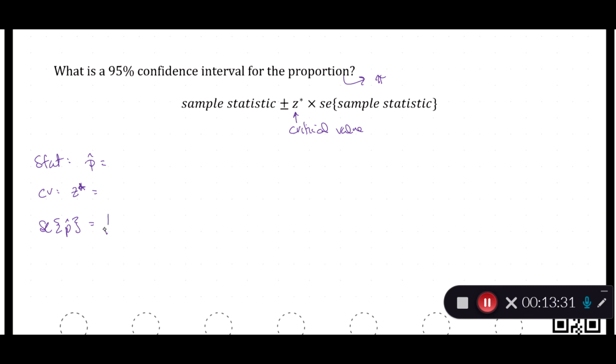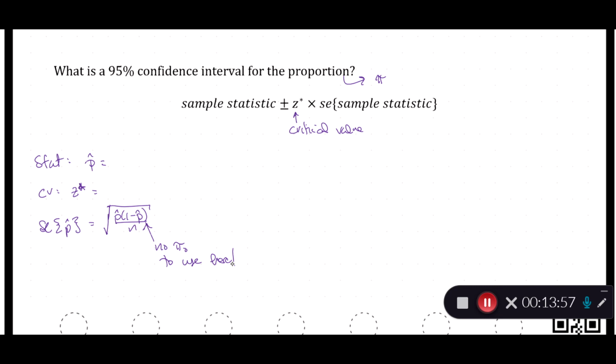So my standard error in this case is going to be the square root of p-hat times 1 minus p-hat over n. Notice there is no pi naught to use because I don't have a hypothesized value when I'm doing a confidence interval. Confidence intervals and hypothesis tests are two different approaches to inference. But I do have everything that I need here.